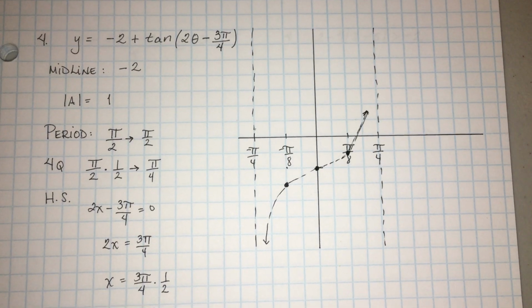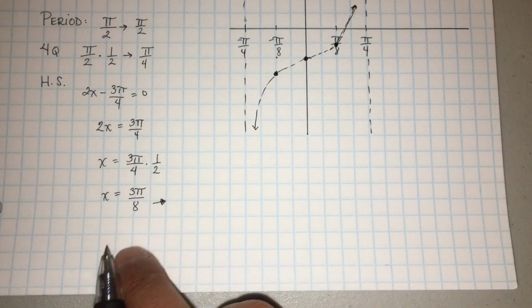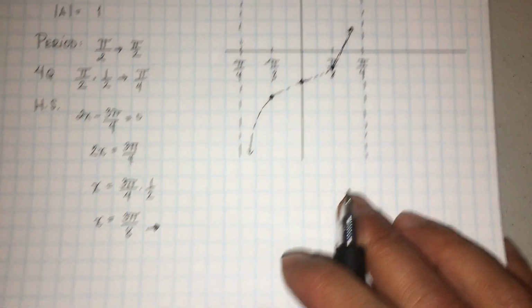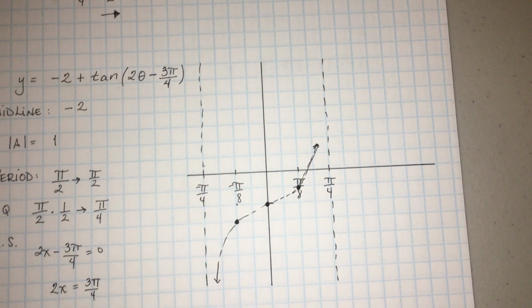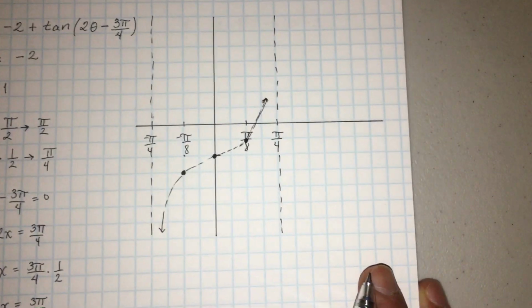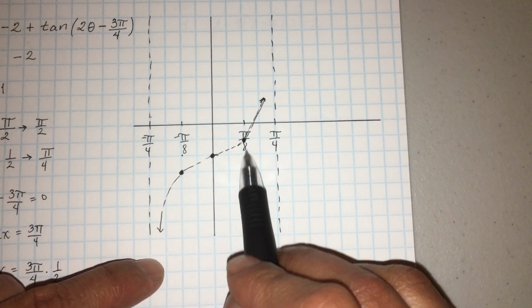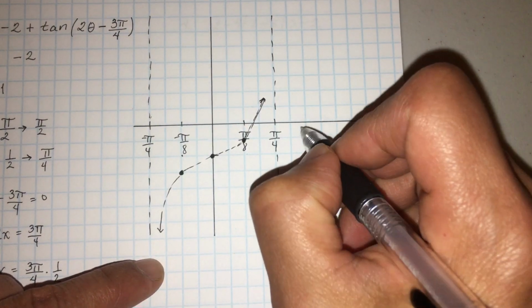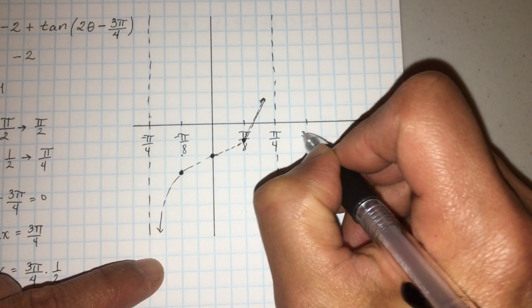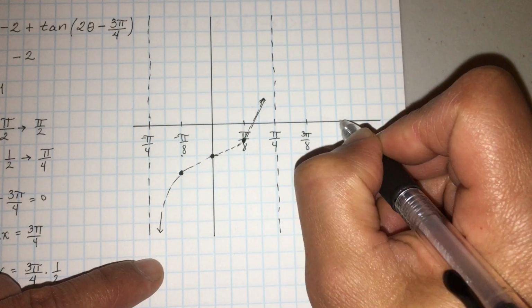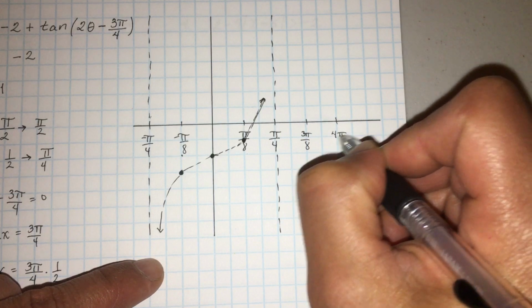Now all I have to do is just shift it 3 pi over 8 to the right. So let's see here. Might be a lot, so I got to give myself some more room. So let's see. This is pi over 8. This is 2 pi over 8. This is 3 pi over 8. This would be 4 pi over 8.